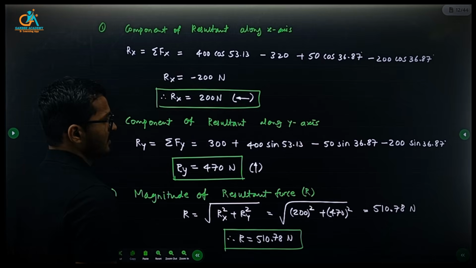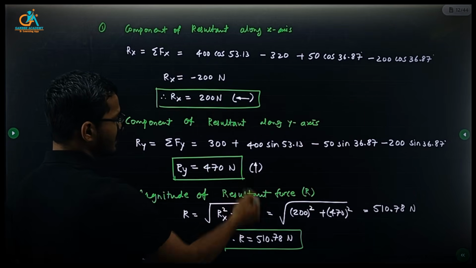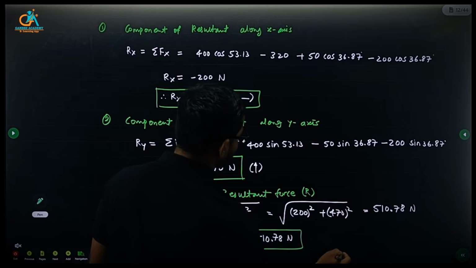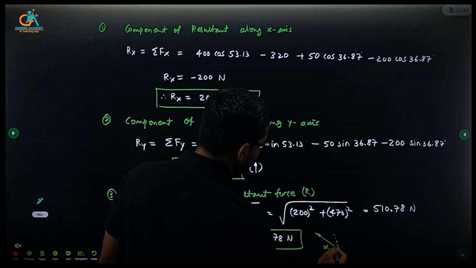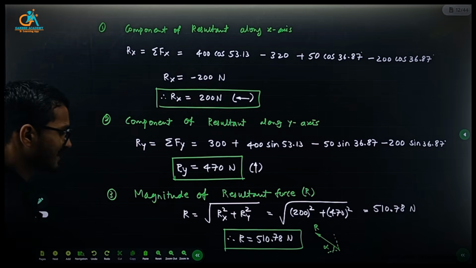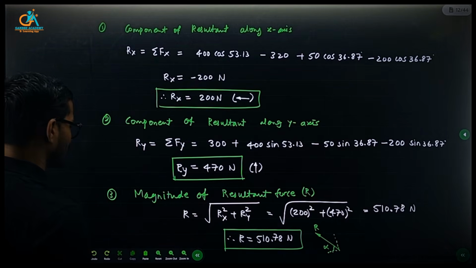Okay, the x component of the resultant is towards left and the y component is upward, so your resultant will be acting something like this, having an angle, let's say alpha, with horizontal. Let's find that alpha angle, the direction of the resultant force.